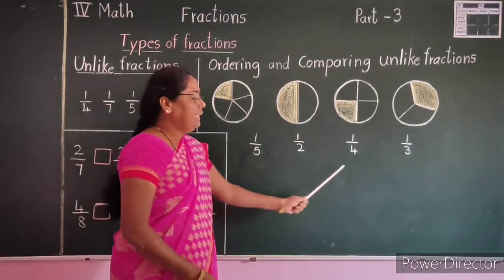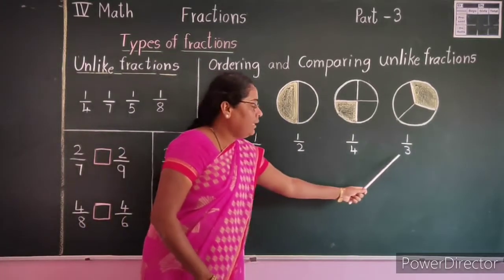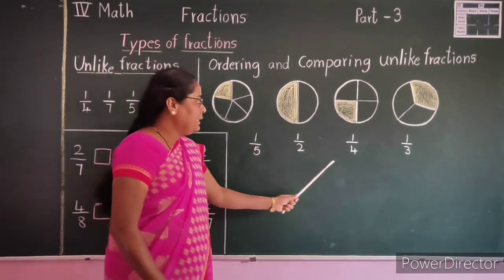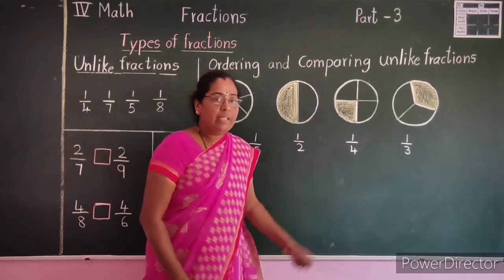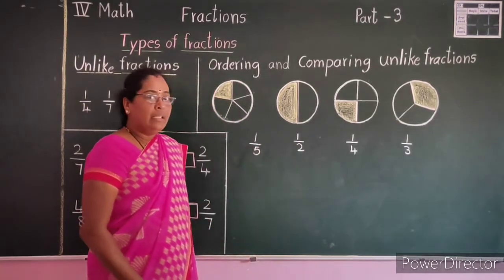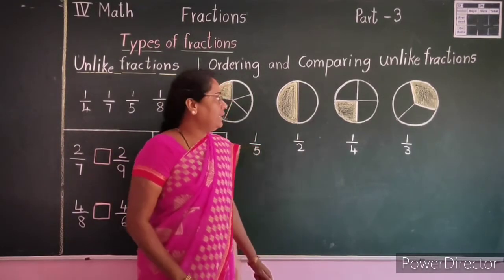In all these fractions, the denominators are different. When the denominators are different and the numerators are the same, then you compare the denominators. The greater the denominator, the smaller the fraction.